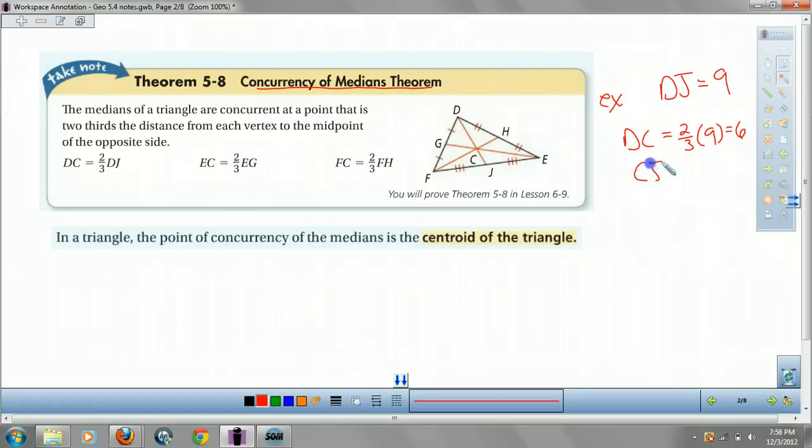And CJ will equal 1/3 of 9, which is 3. Okay? 3, 6, whole thing's 9. And that middle point is called the centroid. Okay, not in center, not certain. It's centroid.